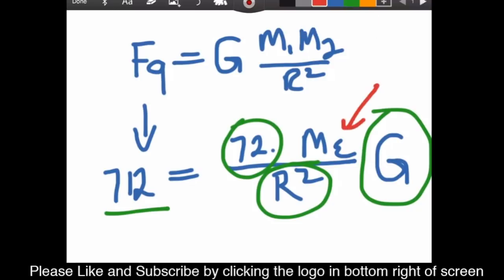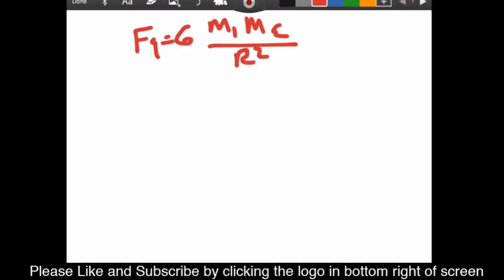Let's weigh the Earth. Let's find out what the mass of the Earth is. And the way that we would do that is simply rearrange the equation. So, we have force of gravity equals big G times mass 1, mass Earth, over the radius of the Earth squared.